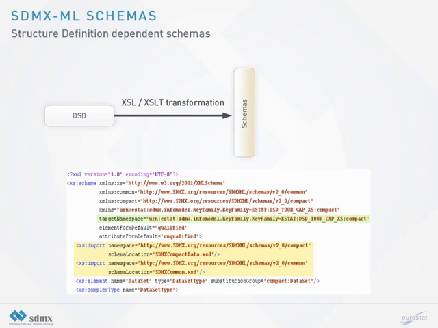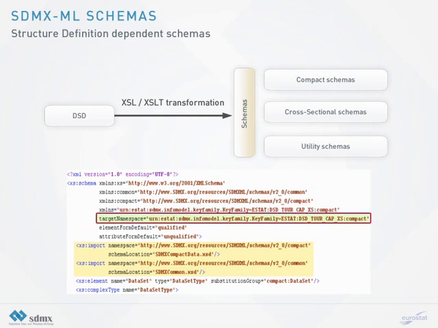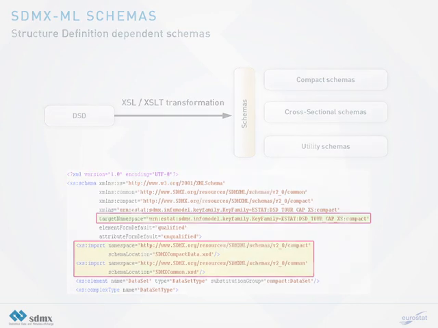For all DSD-specific schemas, compact, cross-sectional, and utility, the SDMX standard provides a namespace to be used as the extension base for DSD schemas of that type. It will use the target namespace attribute. Other XML namespace attributes may be added if needed.